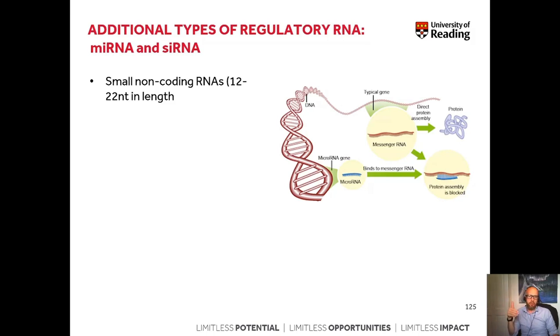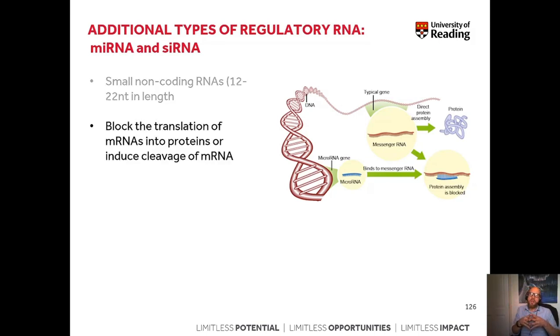They are usually between 12 and 22 nucleotides in length, and they are called microRNAs and short interfering RNAs, short as miRNA and siRNA. So what is the role of those non-coding RNAs? Obviously, they do not contribute to protein biosynthesis, but they play an important role in regulation of gene expression because they are able to block the translation of mRNAs into proteins, or they can induce cleavage of the mRNA, a breakdown of the genetic information.